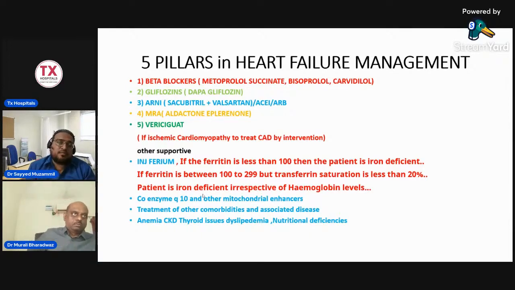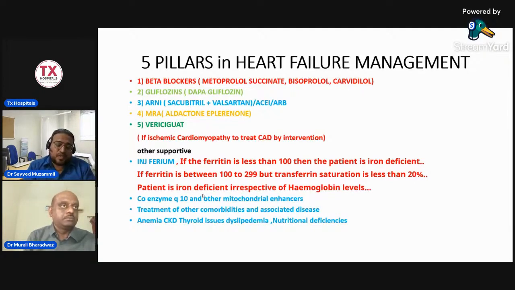Then RAS blocking we can do with the help of mineralocorticoid receptor antagonists; we have Aldactone and eplerenone. They also do wonders. Now, in ARNI, that is angiotensin receptor neprilysin inhibitor, the heart is not just a pumping organ; it is an endocrine organ also. Why am I saying that?